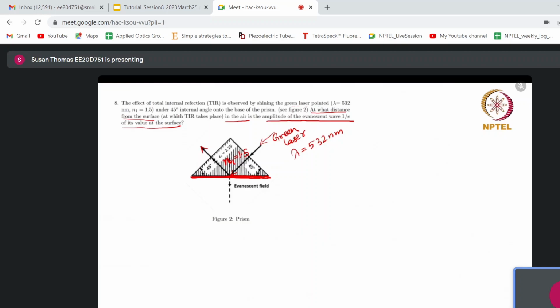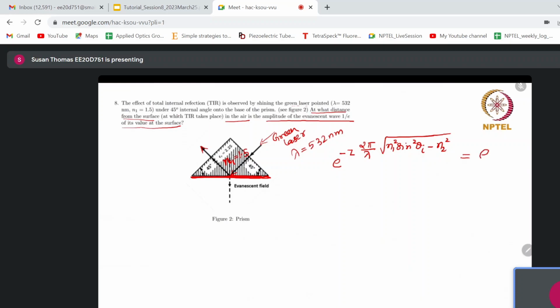To solve that question, we should know the expression for an exponentially decaying evanescent wave, which is discussed in the video lectures. E raised to minus Ez 2 pi by lambda into square root of n1 square sine square theta I minus n2 square.